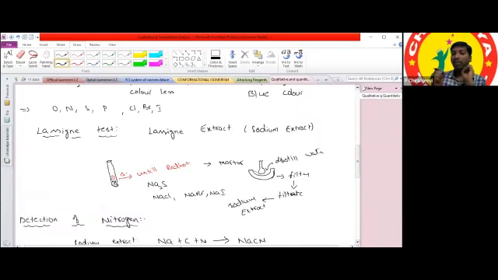After making the powder, we have to add some 10 ml of water. How much water do we add? 10 ml of water. After adding the 10 ml of water, we have to stir fully.